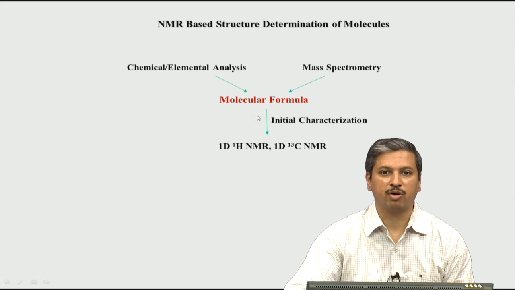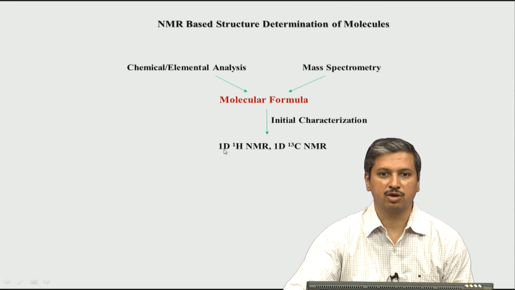Now, given a molecular formula, as in the examples we have seen, we can first initially characterize the molecule by simple 1D carbon and proton NMR. At this step all you are doing is simply recording the spectrum and then identifying what the peaks are, how many peaks, and whether they are commensurate, means equivalent to what you expect based on this formula, and so on. So, this step is not going to give you detailed structural information and is only meant for initial characterization.